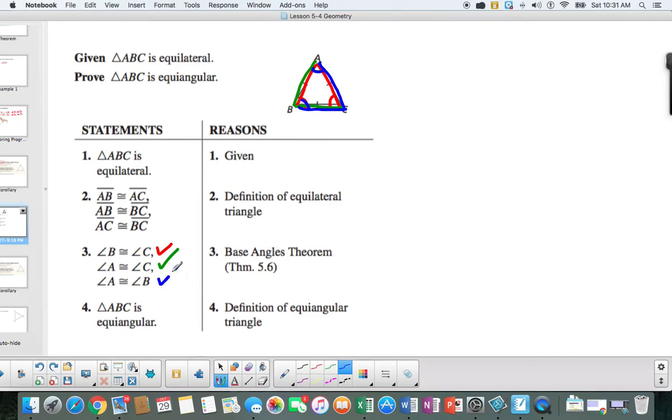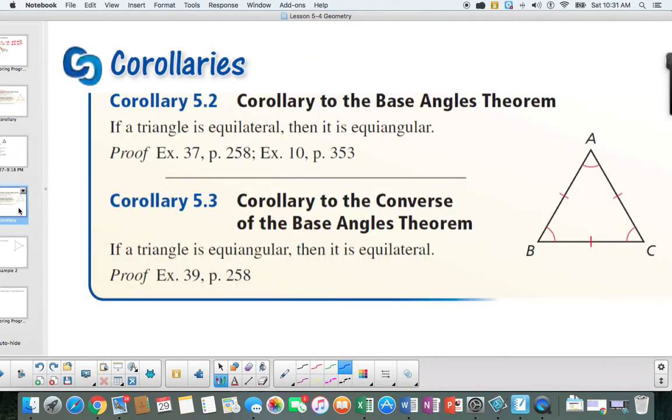And by the transitive property, you can see that they're all congruent to each other. So if all the angles are congruent to each other, it must be equiangular, and that comes from the definition of an equiangular triangle. Okay, one more time. If a triangle is equilateral, then it's equiangular. If it's equiangular, then it's equilateral.